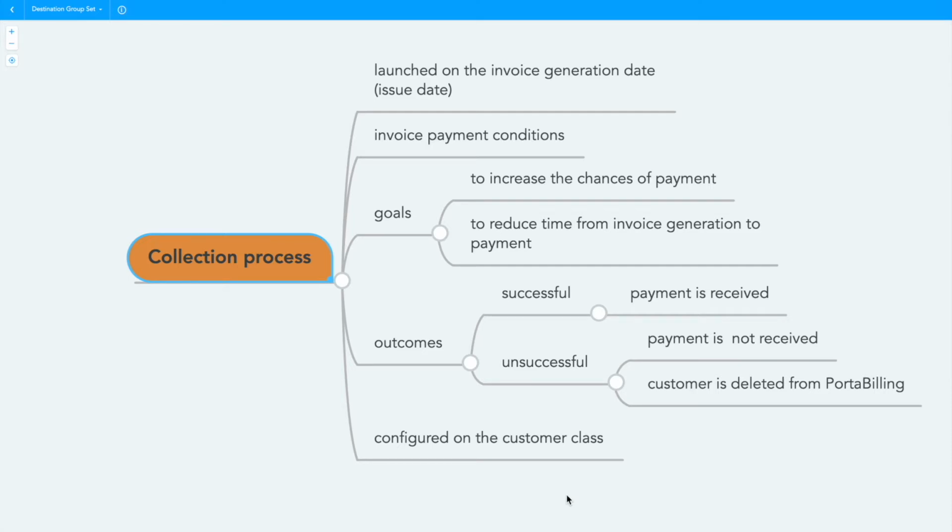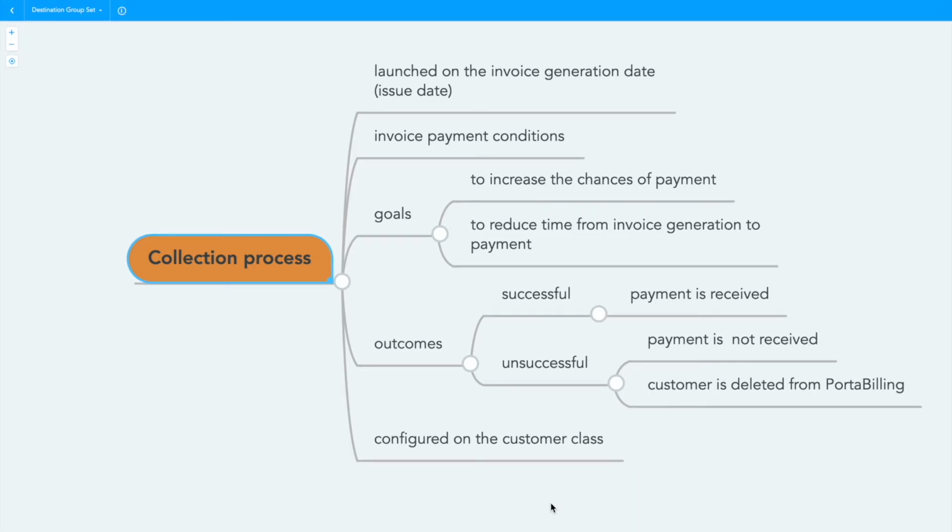It has two possible outcomes, either the successful outcome when the payment is received or the unsuccessful one when the payment is not received and the customer is deleted from the Porta billing system. The collection process is configured entirely on the customer class, meaning that none of the parameters that we are going to discuss next can be changed for an individual customer.